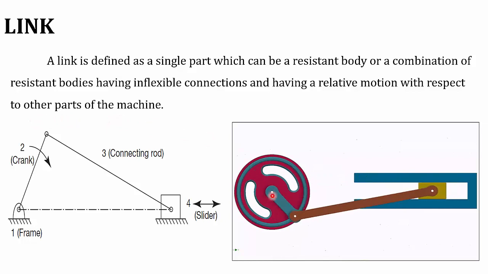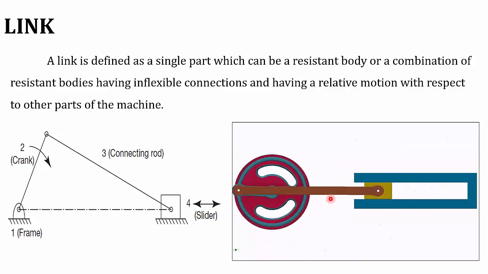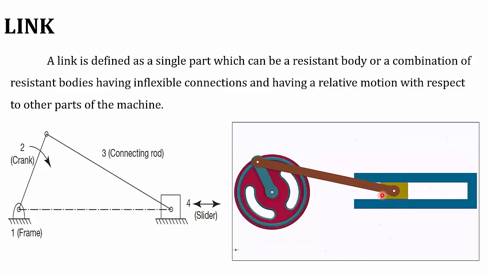Here you can see the animation. The wheel is rotating, actually it's a crank. When the crank is rotating, the connecting rod is oscillating. The orange color is the connecting rod. When the connecting rod oscillates, the slider moves right and left.